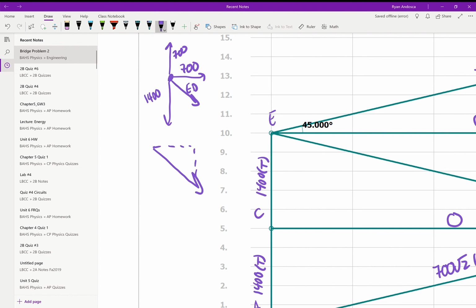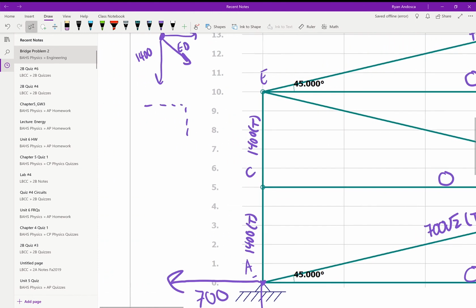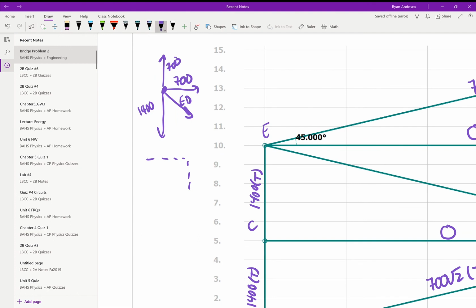First off, it must be going the other way because it's got to cancel an up and right. It is canceling this 700 and this 1400 going down, which adds up to a 700 down, so it's canceling a down and right, which means it must go up and left, so it'll go like this.